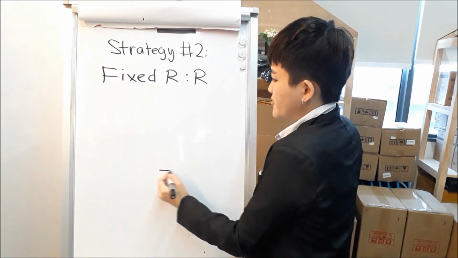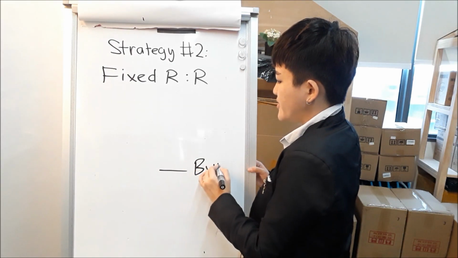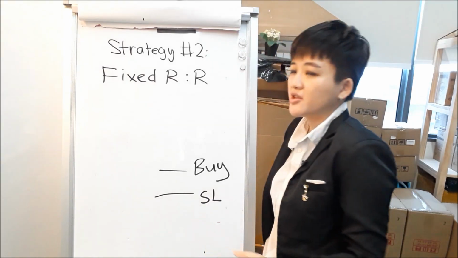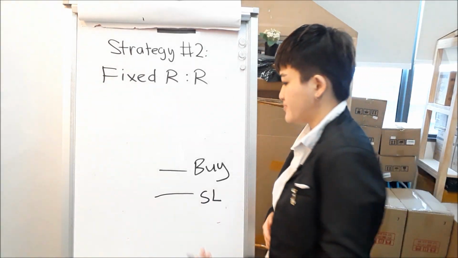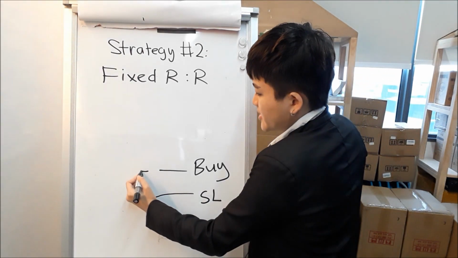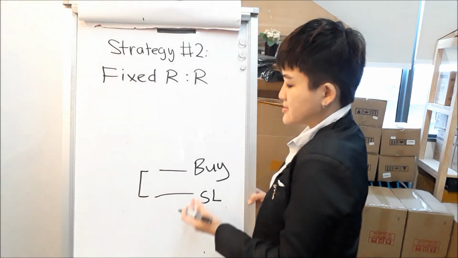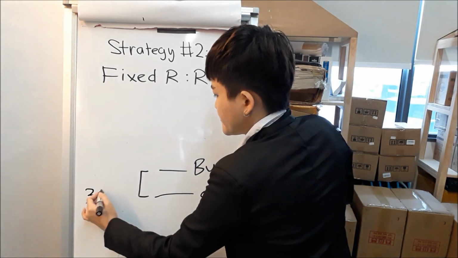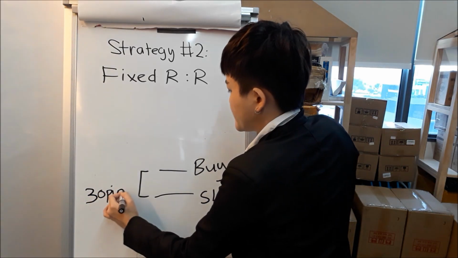The second strategy to set your TP target is to always have a fixed risk to reward ratio. For example, if you buy over here and you decide to set your stop loss below a major support, then you count how many pips it is from your entry to your stop loss. It's about 30 pips.